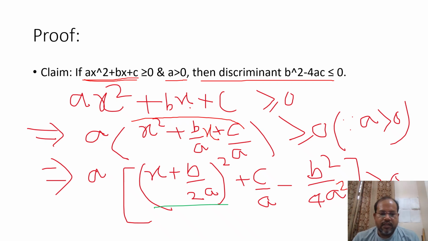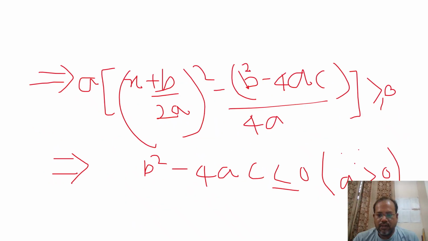The next term is 2 into x into b by 2a, the 2 cancels, giving x into b by a, which is already there, so it is balanced. This is also greater than or equal to 0.